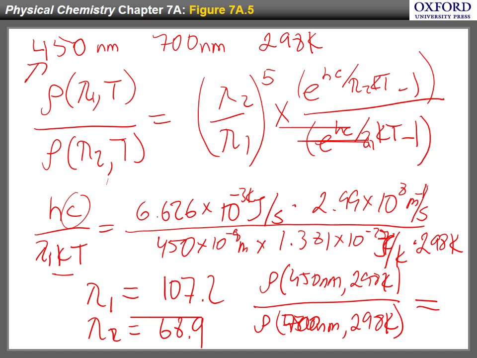And this equals to, let's open up another page.